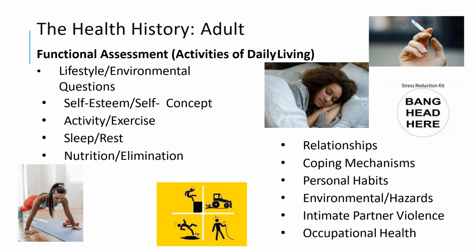Personal habits. This can be talking about alcohol. If so, when was your last drink? We want to know how much they drink, or smoke, or any illicit drugs. What type of drugs they use and how often.